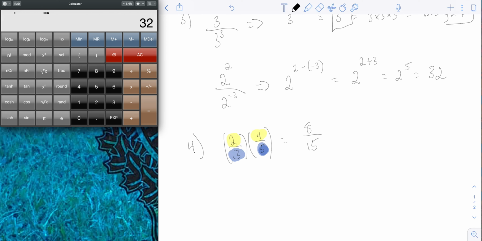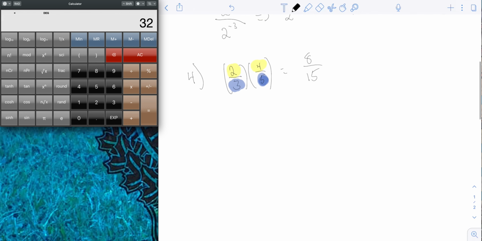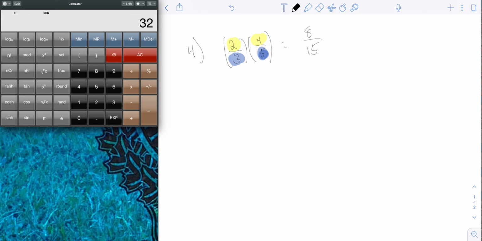We can apply this to a question I make up, but I'm going to show you one more thing before we do that. Remember, one of the other things we can do is xy multiplied by x squared y. This is the exact same thing. We can apply the exact same rules.